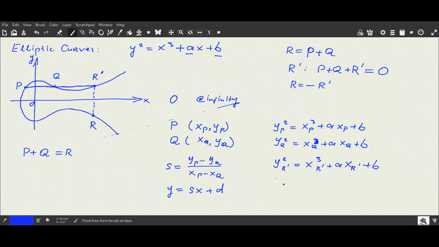Therefore, we can say yr prime equals s times xr prime minus, for example, xp, plus yp, because the same equation can be written as s times x minus xp plus yp.